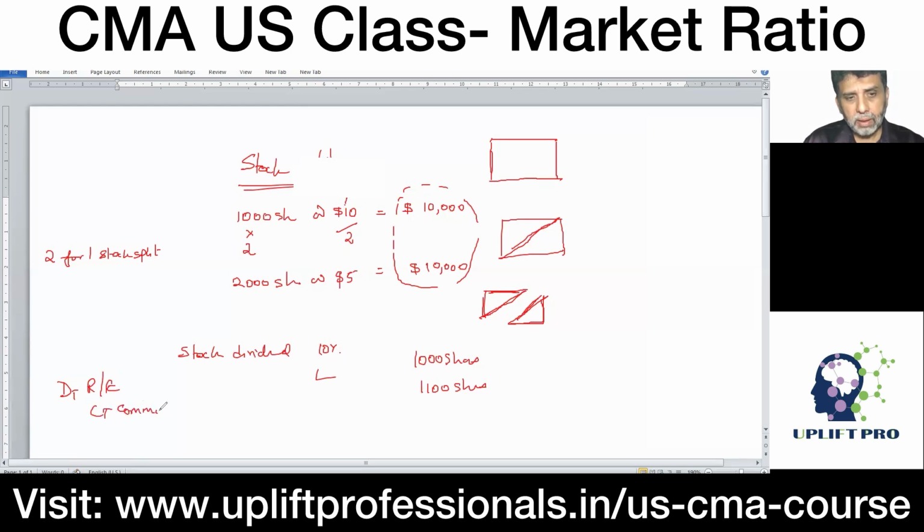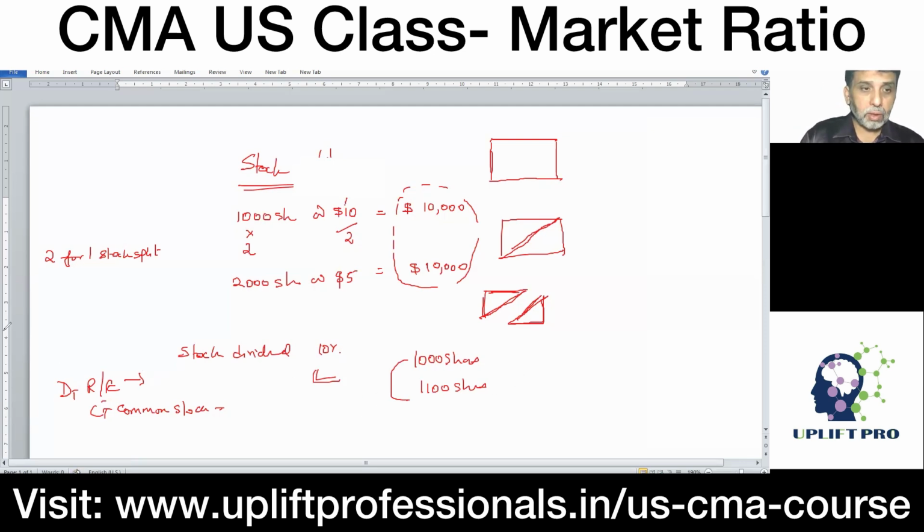In other words, the amount is deducted from retained earnings and goes to common stock. It will be at par value or at the market price, depending on whether the stock dividend is large or small. That you study in Part 1, you don't have to worry. But all you need to know for EPS calculation is that there is an addition of shares without change in total amounts.